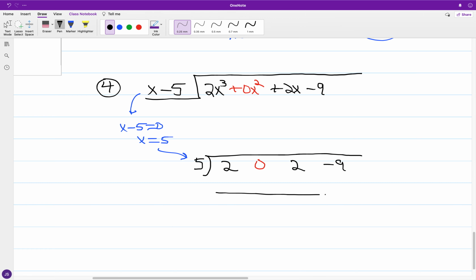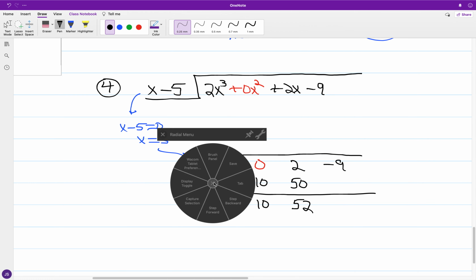Looking at synthetic division, again, we have column by column addition. With the leading coefficient of the dividend at 2, I'm going to bring this down, and that's also going to be the leading coefficient of the quotient. Here we have 5 times 2 is 10. Shifting over, 0 plus 10 is 10. 5 times 10 is 50. 2 plus 50 is 52.